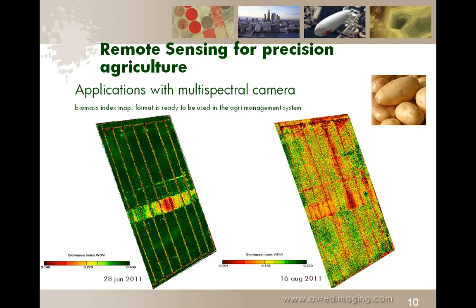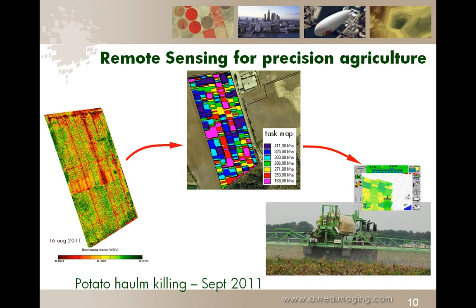So the WDVI has dropped a lot because now the plant is investing its energy in the potato and not anymore in the leaves. So we need to do some potato haulm killing, which is killing the leaves.